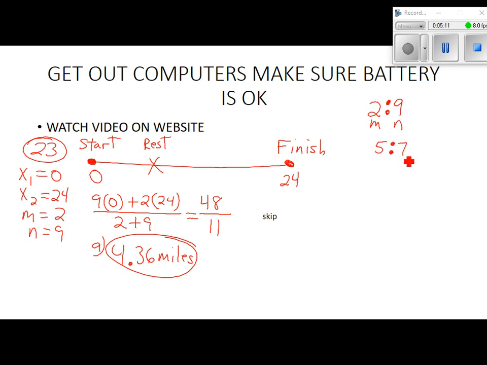I had to read it twice because it was confusing at first. So now our ratio is 5 to 7, so that's M, that's N. We're using the same formula, right? So this person is somewhere, wherever she's at, somewhere in there. Don't know if she's past the rest area, before the rest area, it doesn't matter. We'll figure that out in a minute.